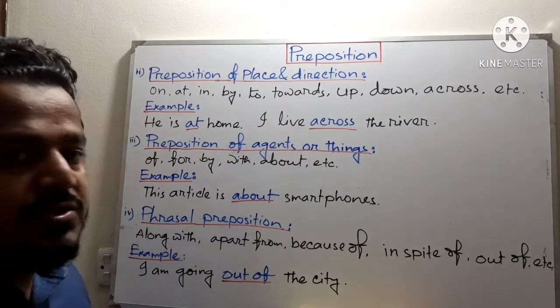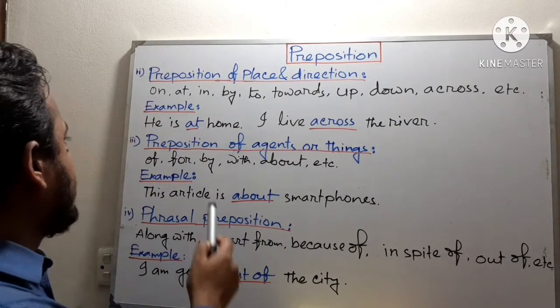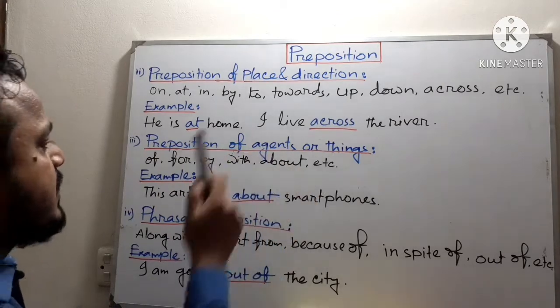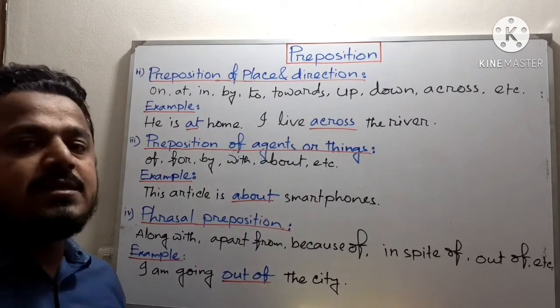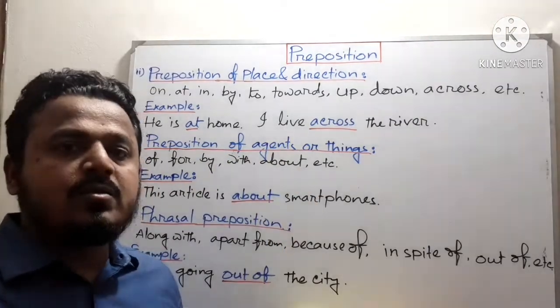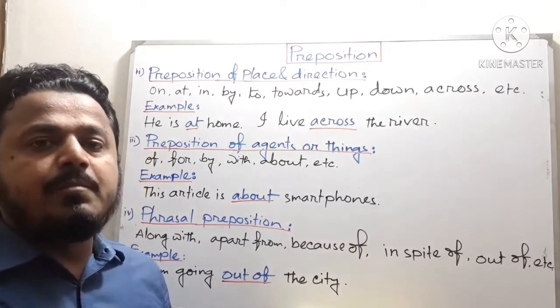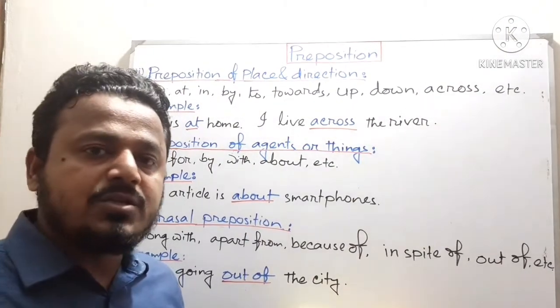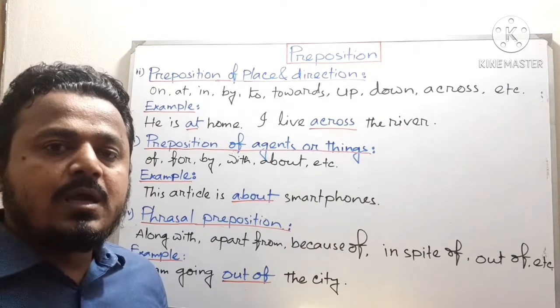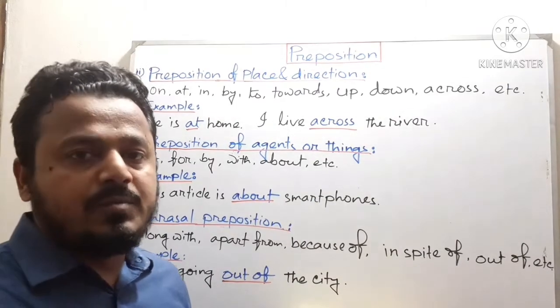Then number 3, preposition of agents or things. Preposition of agents or things is the preposition which shows a casual relationship of nouns and other parts of the sentence.